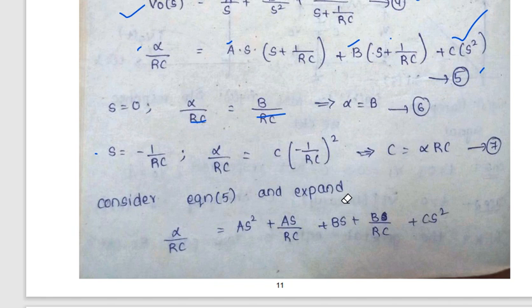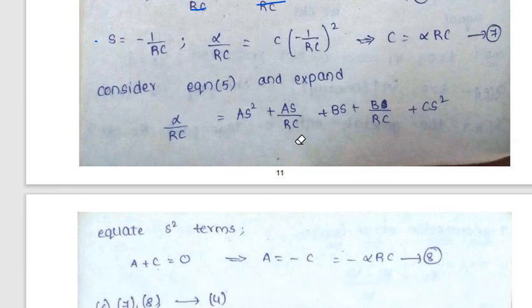Consider equation number 5 and expand. Therefore alpha by RC is equal to A into S square plus AS by RC plus BS plus B by RC plus C into S square.